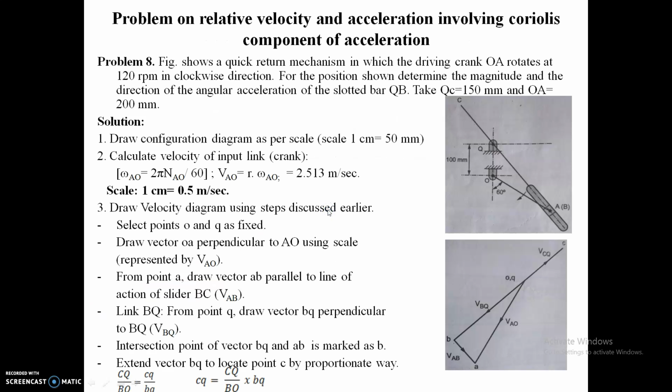Now to see this, let us take the problem of the quick return mechanism shown in the figure. OA is the driving crank and it is rotating at 120 rpm in clockwise direction. The different lengths are shown in the figure, from which you can easily draw the configuration diagram.